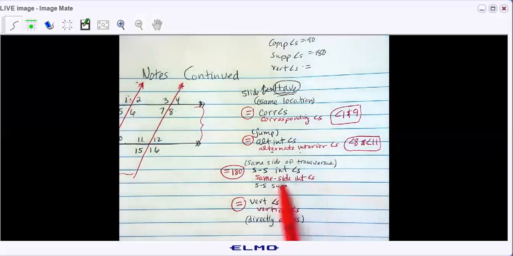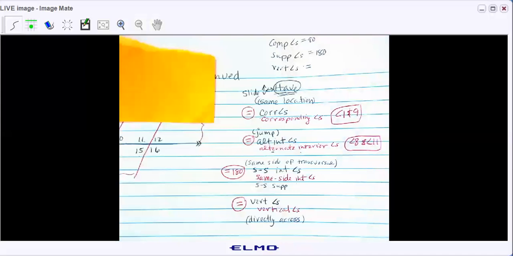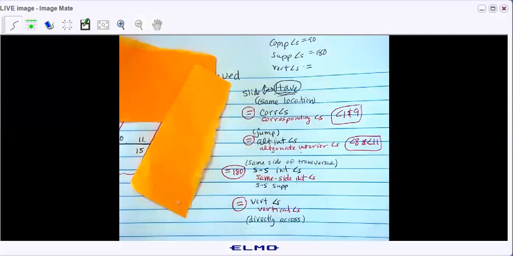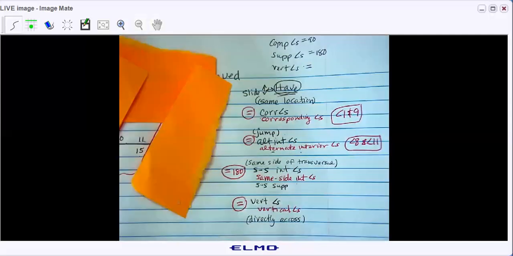Same side interior. So I'm going to cover up one of my transversals, and let's do this one. Same side interior. And I'm going to look between the two parallel lines here, and look at angle 10. If I'm on the same side of the transversal, this time it's the black line, am I going to end up at angle 11 or 15?